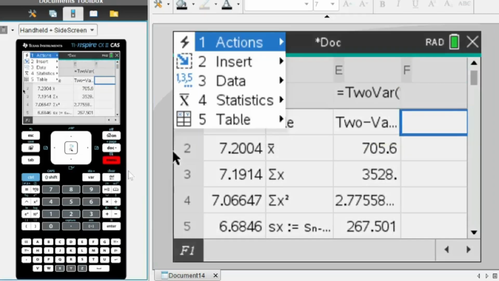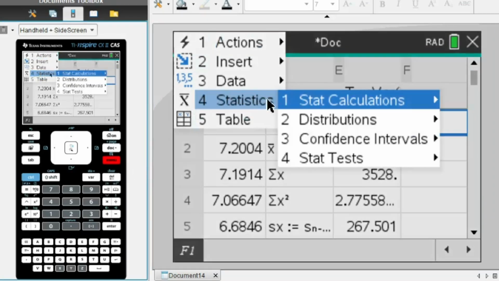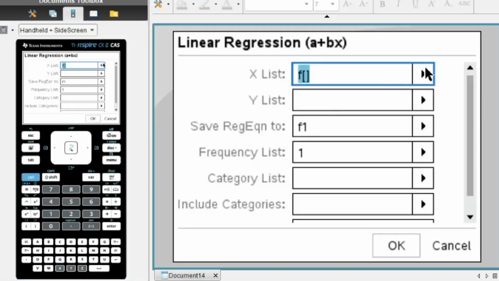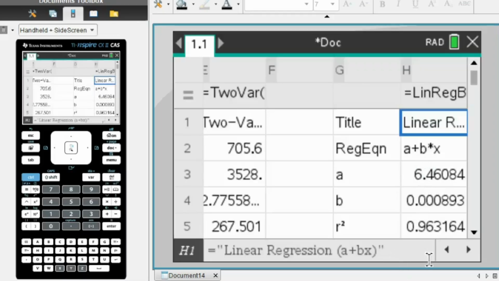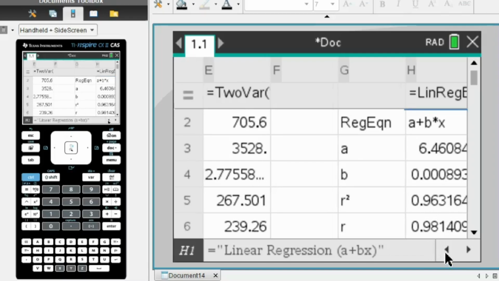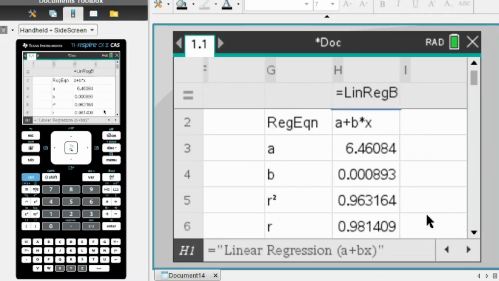And of course I can do the regression model here as well, right? So I can go to menu, statistics, stat calculation, linear regression between height and e-distance, and this will give me my regression, right? All that stuff, that 0.963164, etc. So you can do the two variable statistics, or you can do that linear regression, right?